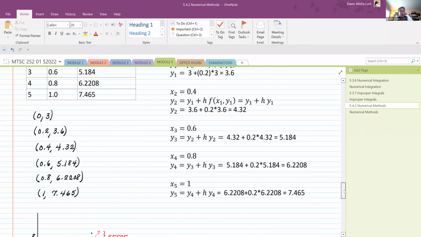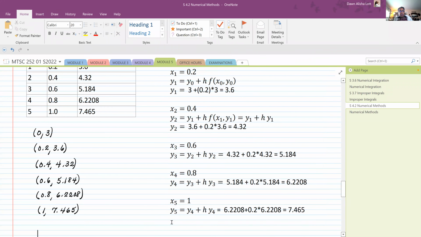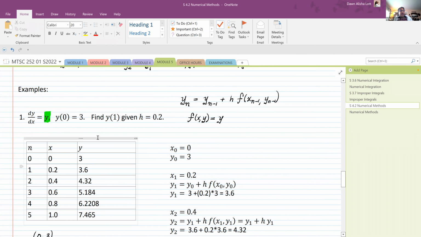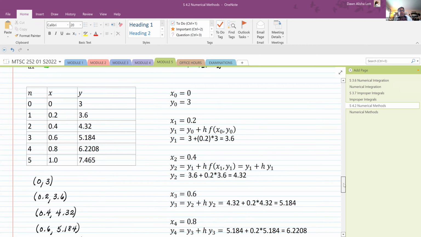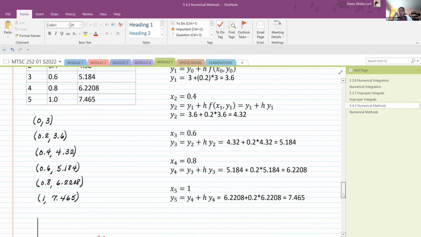So our goal was to find the approximation for what the solution value is when x is 1. In other words, find y at 1 given h is equal to 0.2. So that's the approximation value. Okay, any questions about that? We're going to do another one.